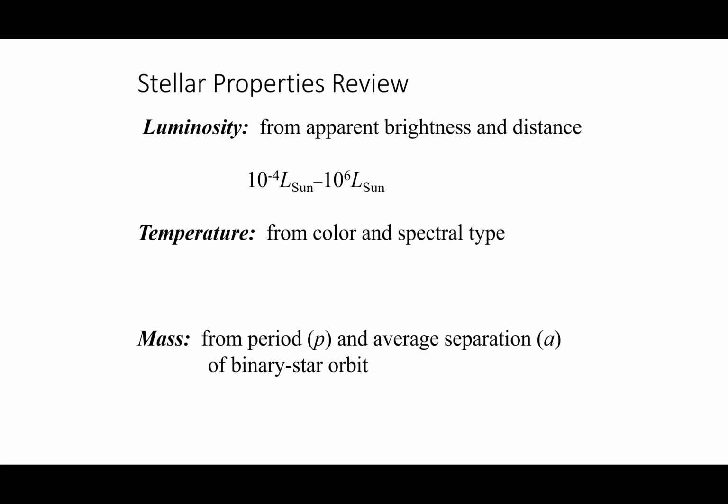So 10 raised to the negative fourth, how would you write that as a number? How about 1 times 10 raised to the negative fourth? What is that? Yeah, and the fact that that's a negative means it's 1/10 times 1/10 times 1/10 times 1/10. So this right here means 0.0001 times the luminosity of our sun.